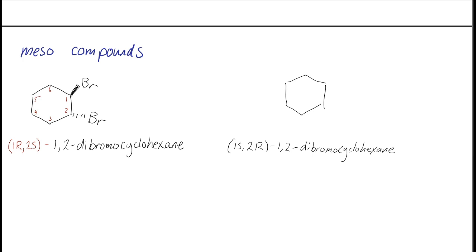Now we can either just draw the direct mirror image, or we can flip both of the stereocenters.